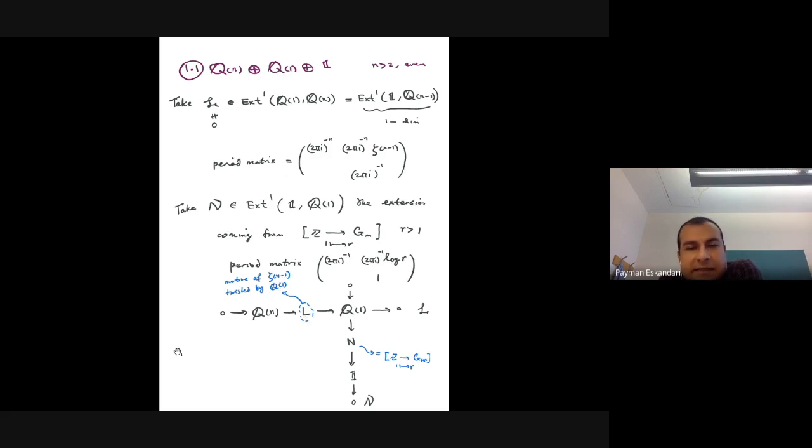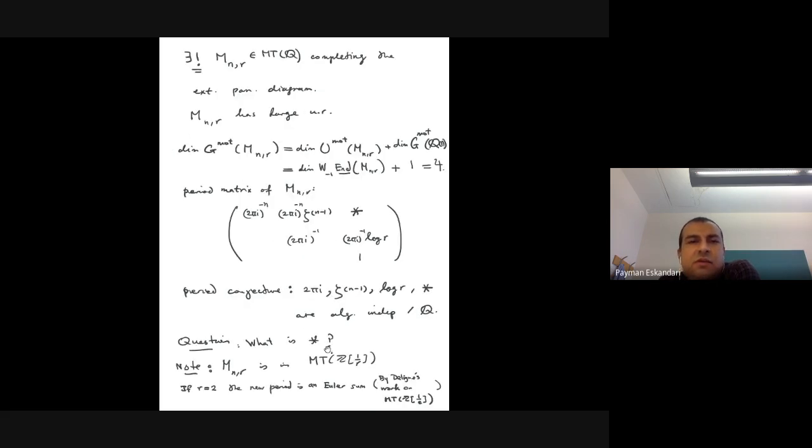So now you apply the previous result, and what you get is a unique object, which I'm going to denote by M_r, which completes the blended extensions diagram, and it has a large unipotent radical because of the independence axiom. Now let's see what the period conjecture tells us.